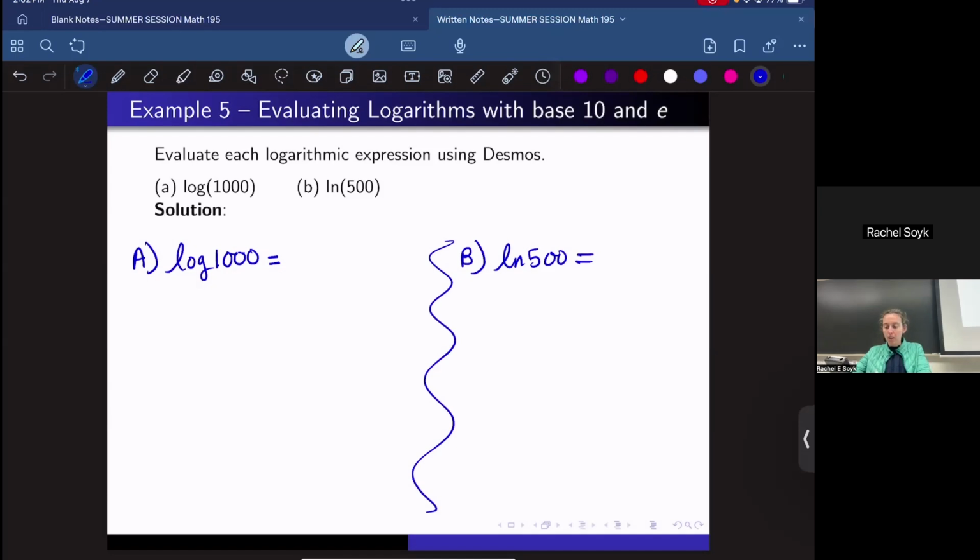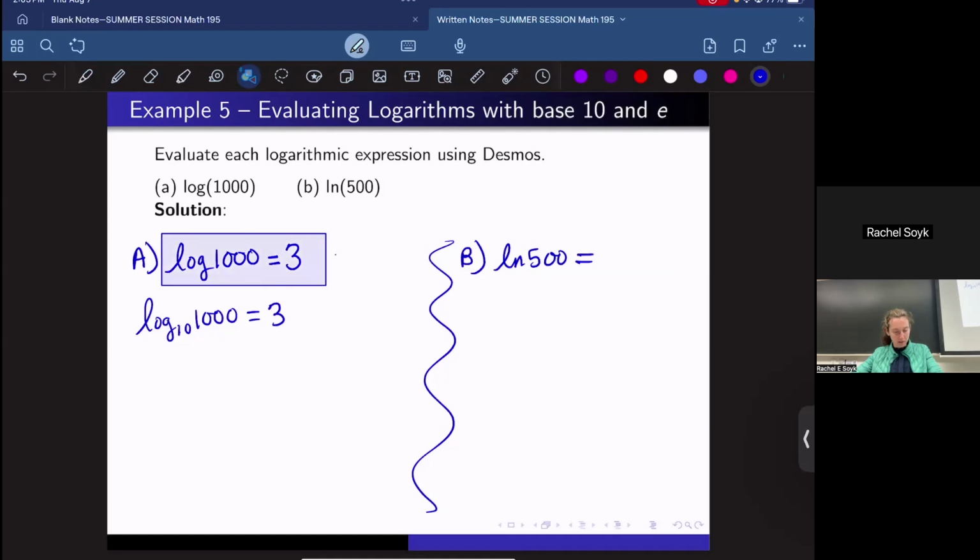So log of 1,000, which actually you could calculate on your own. That's just 3, right? Because it's base 10, 10 to what power gives you 1,000?